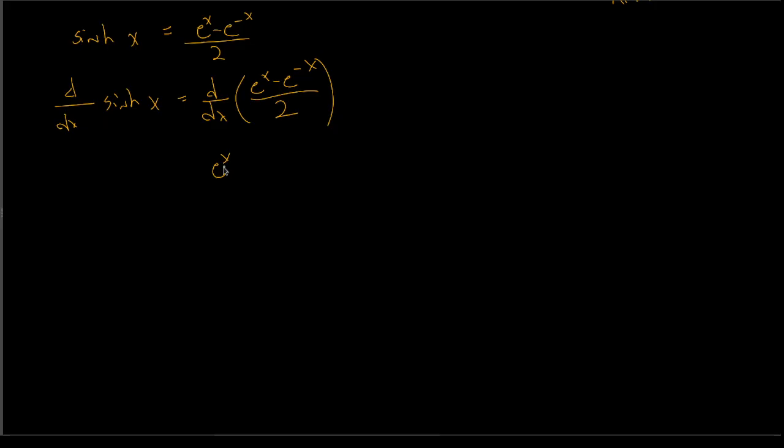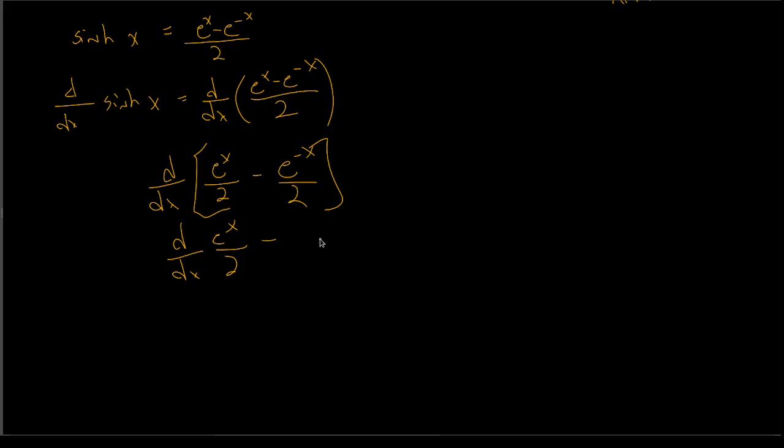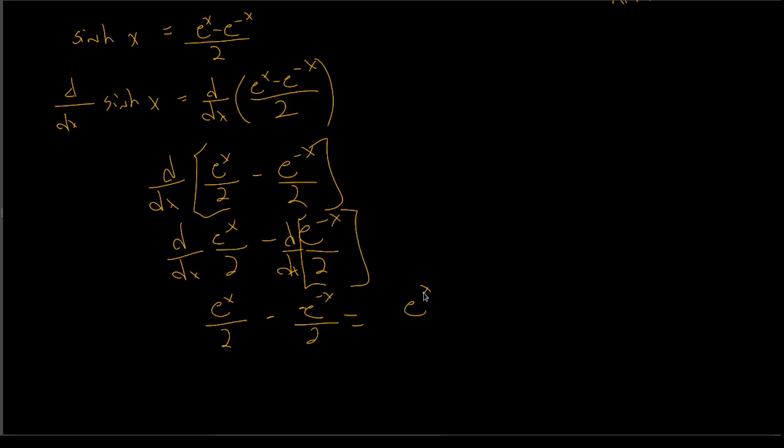So just to show you, let me do this then. I could look at this as e to the x over 2 minus e to the negative x over 2 with the derivative of each. Right, using our addition rule. E is its own derivative, so that's going to give me e to the x over 2. E is its own derivative, so that's going to give me minus e to the negative x over 2, which is equal to e to the x plus e to the negative x over 2.